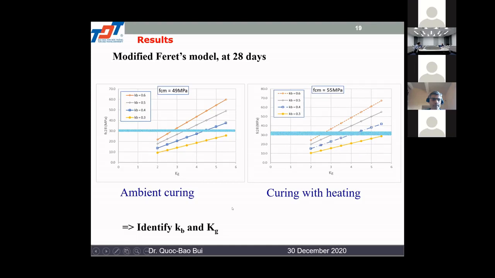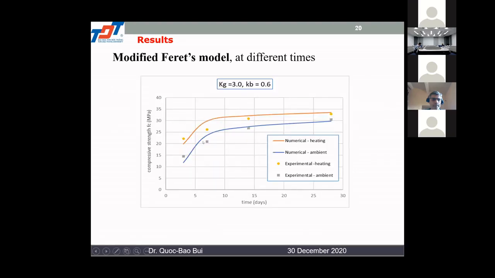And we do an optimizing procedure to identify KB and Kg, and we can say that Kg about 3 and KB about 0.6 is the best, due to different values at different times.